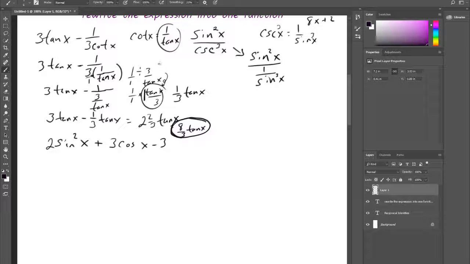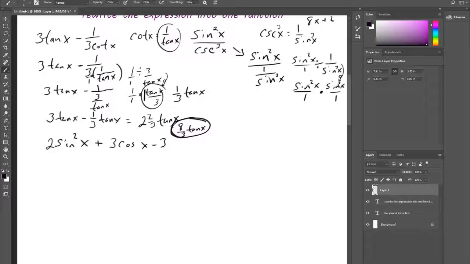Again, we have this fraction problem, and we're going to have to expand that out. So this would be sine squared x over 1, that's the top part, divided by 1 over sine cubed x. If we flip that second fraction, it's sine squared x over 1 times the reciprocal, sine cubed x over 1.